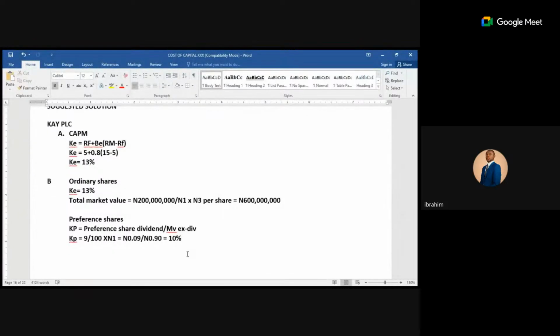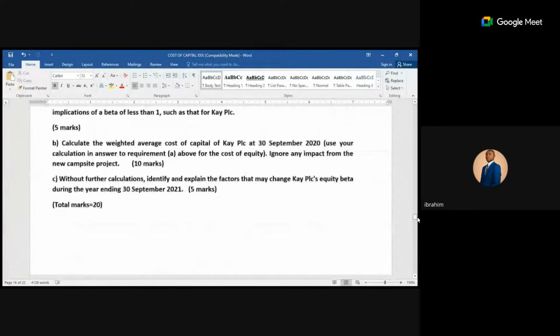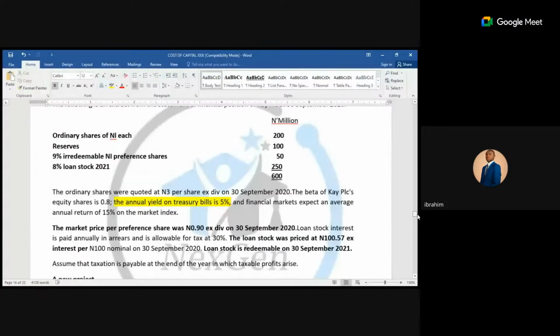So what will be the total market value? How do we determine the total market value for preference shares, class?